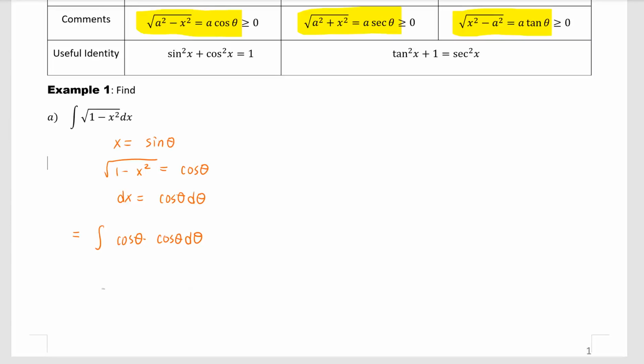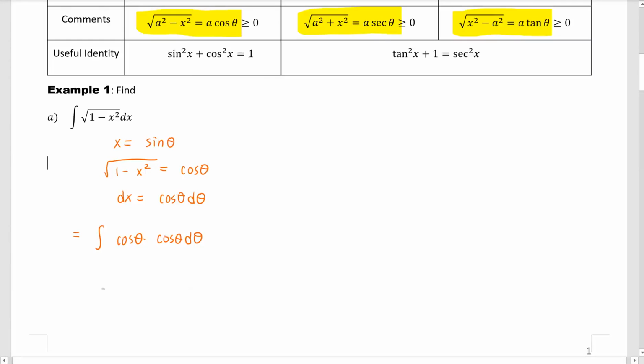That's why I said this session is challenging. It is, I would say, the most challenging topic in Calculus 2. You need to be very, very careful, and you need to be familiar with the trig identities.